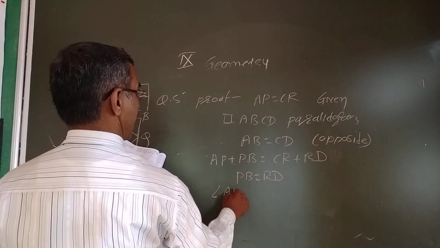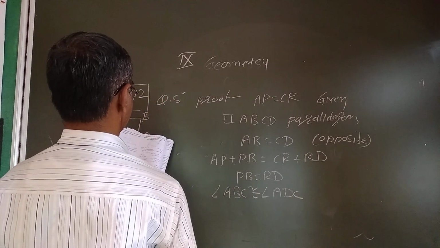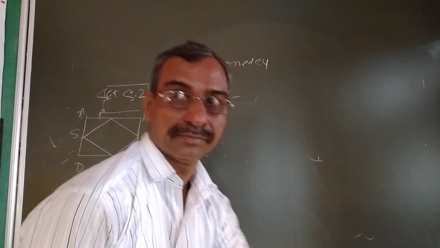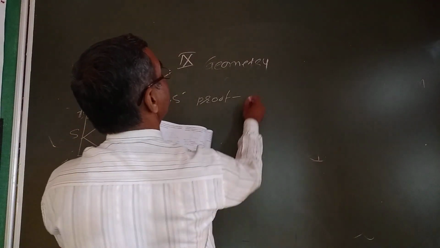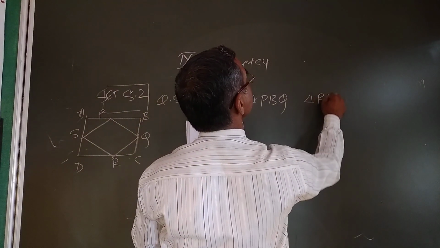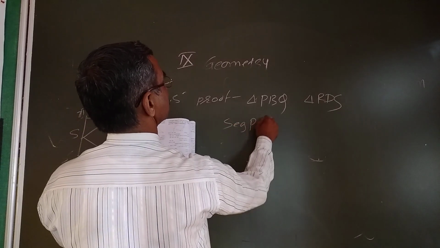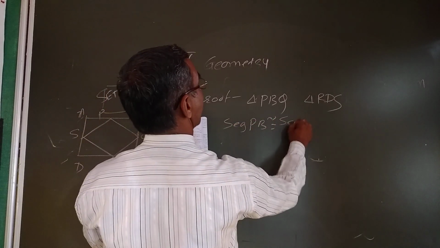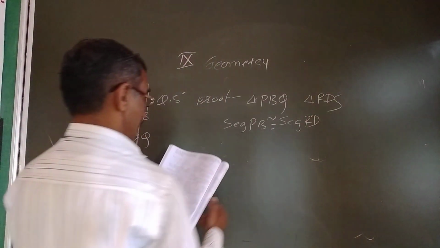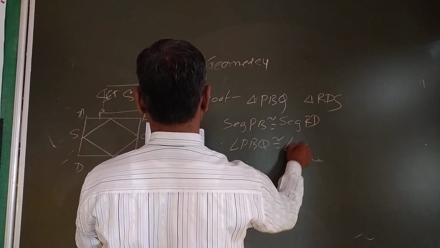Then angle ABC is congruent with angle ADC. So in triangle PBQ and triangle RDS, segment PB is congruent with segment RD, angle PBQ is congruent with angle RDS.